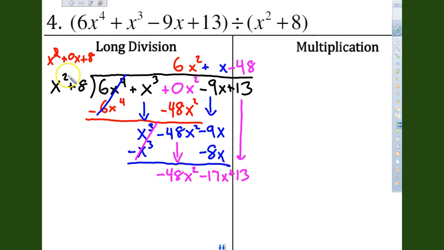So negative 48 times x squared will give me negative 48x squared. Switch the sign, be positive 48x squared. And negative 48 times 8 would be, let's see, write it out. 32 plus 6 would be 38. So we're going to have plus 384.